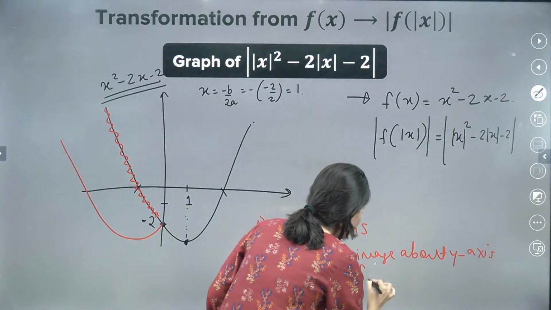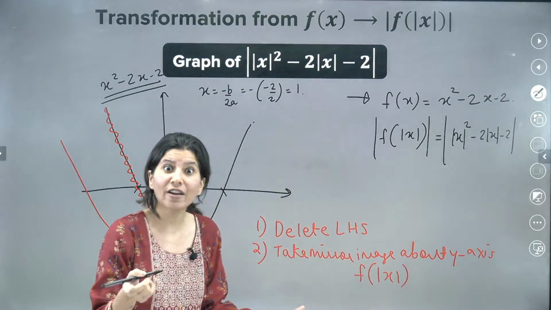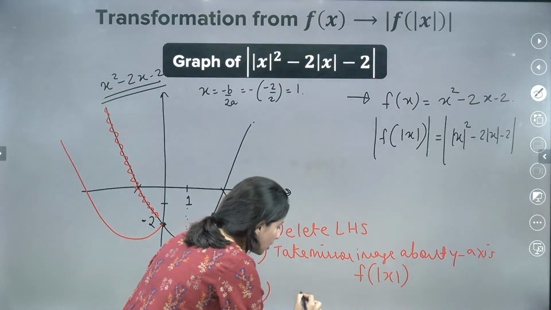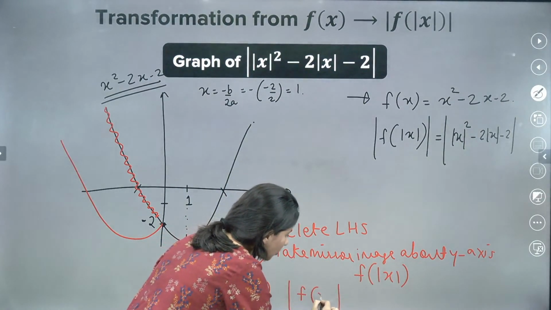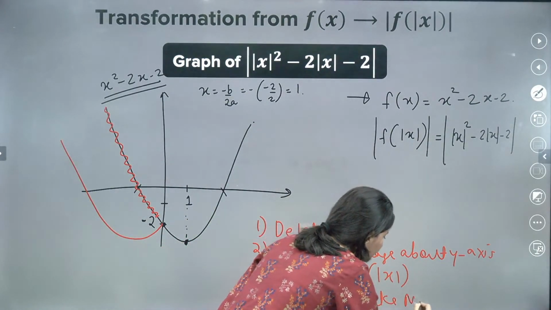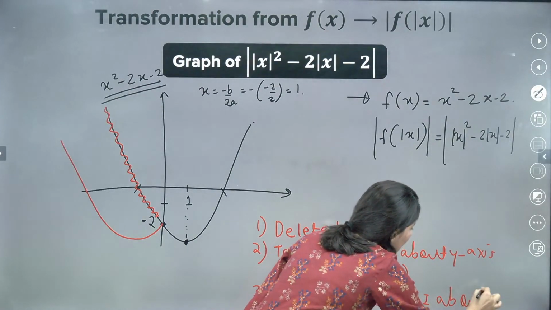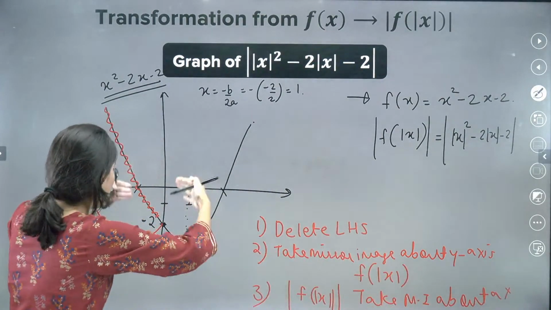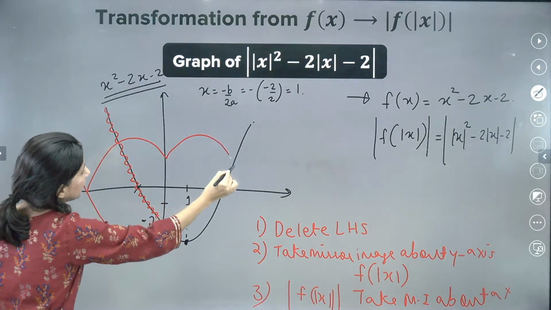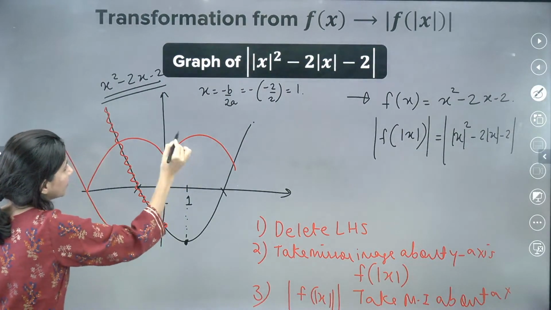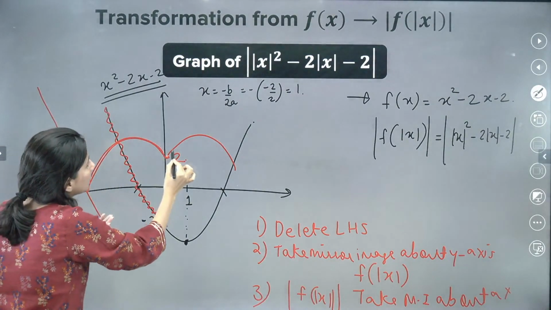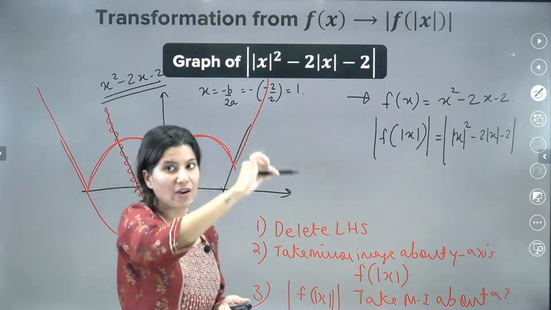This is your f of mod x. This is the process of f of mod x. Now third, because f of mod x is here, now you have to apply mod of f of mod x. So for that what you need to do is take mirror image about x axis now. So whatever is below, you will have to bring above. So this is how your graph will look like. Point is minus 2, so this will become 2. So the final graph. See. This is the graph.